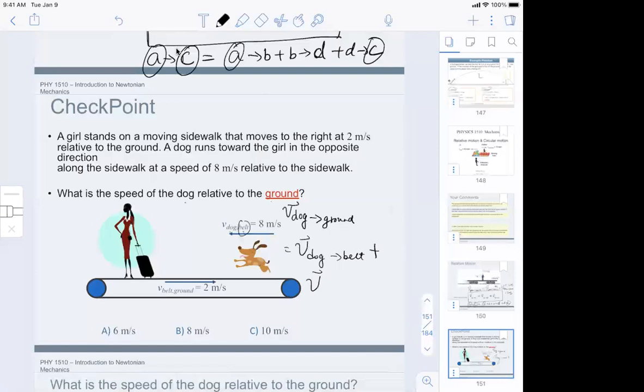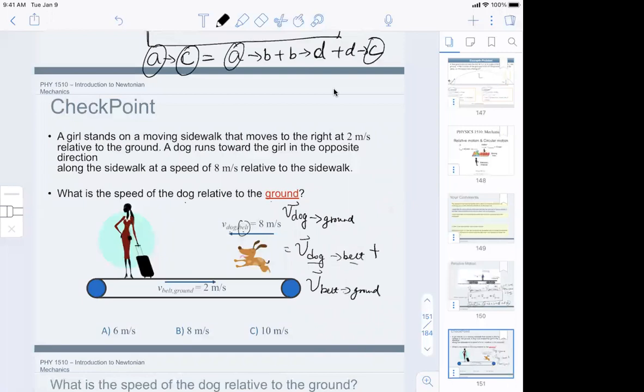I should add dog to belt plus what to what? What do you think? Not negative, just dog to belt, belt to ground. So belt is sort of an intermediate step here. Very good. Belt to ground.